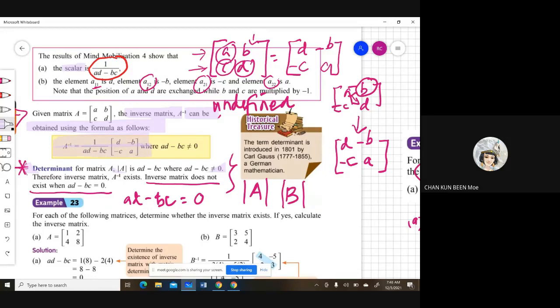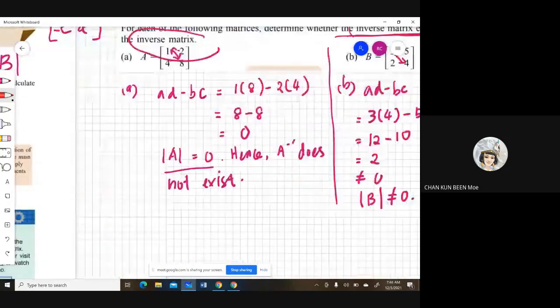For example, if it is matrix A, to find the inverse matrix of matrix A, it will be 1 over AD minus BC, and you multiply by this. So using the scalar, you multiply by the matrix. So I show it here.